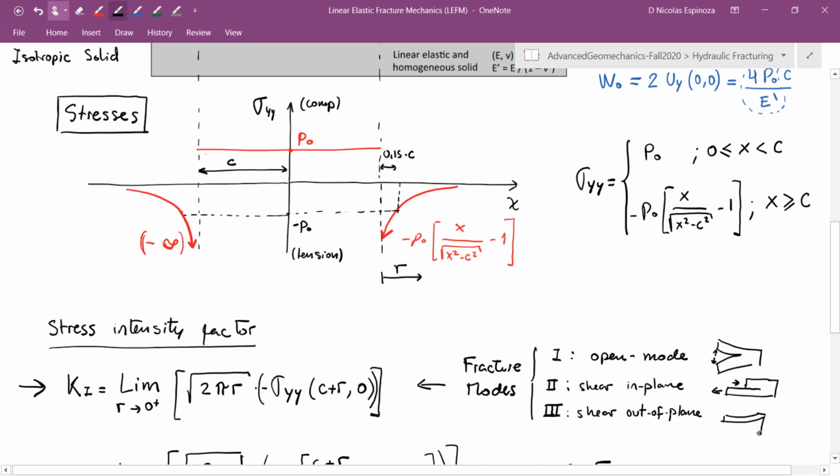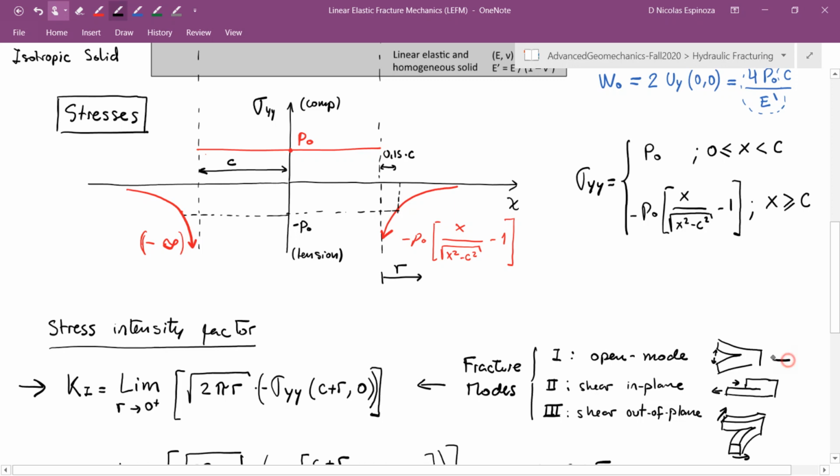Okay, I think I got it. It's going to be the type of fracture that you have when you have this type of action on the tip of the fracture, where the tip is right here. So this is the shear out of plane. A little bit exaggerated here, but I hope that I'm making the point.